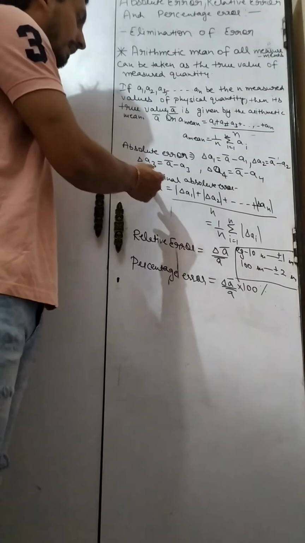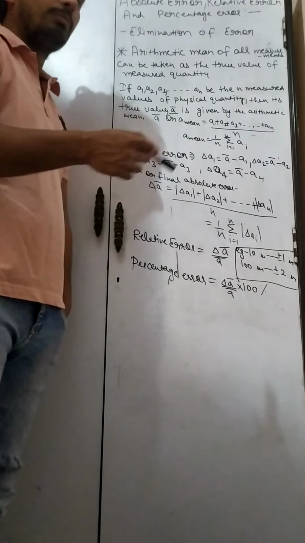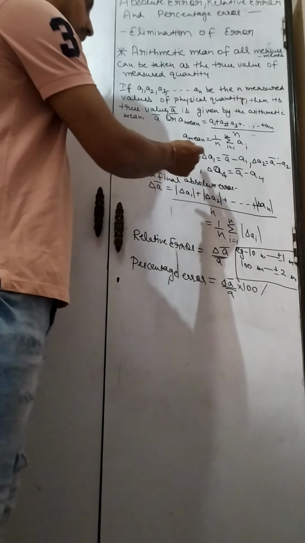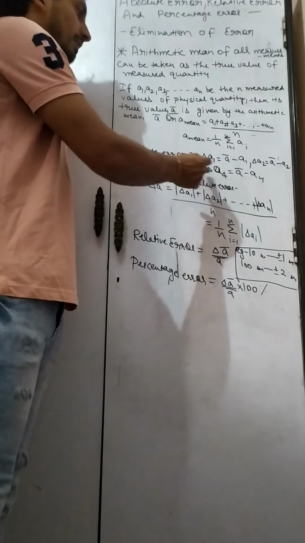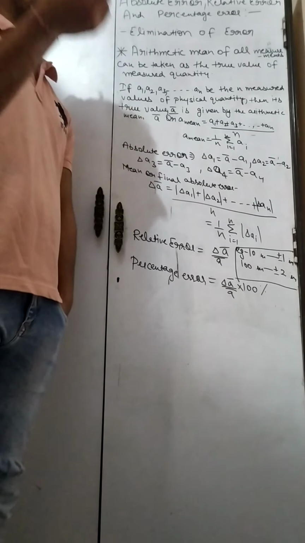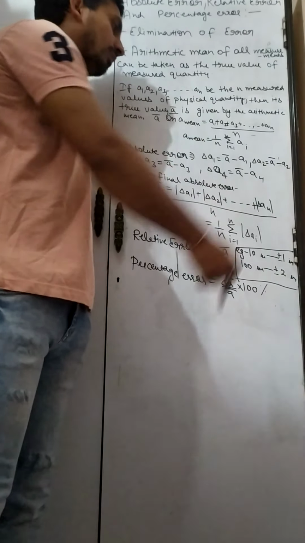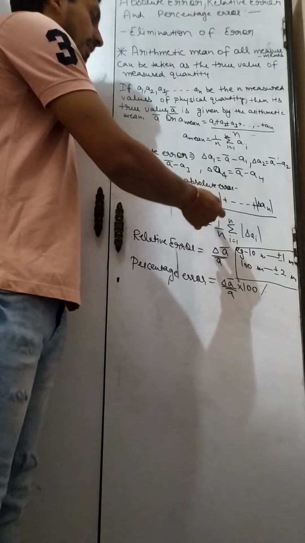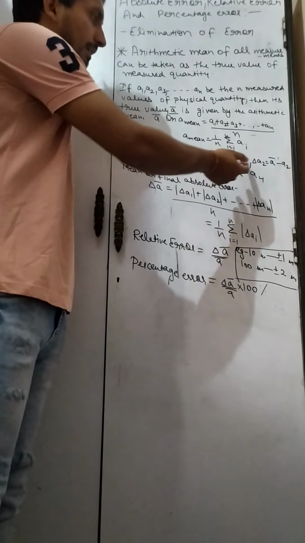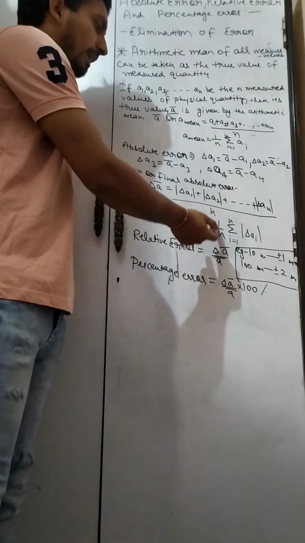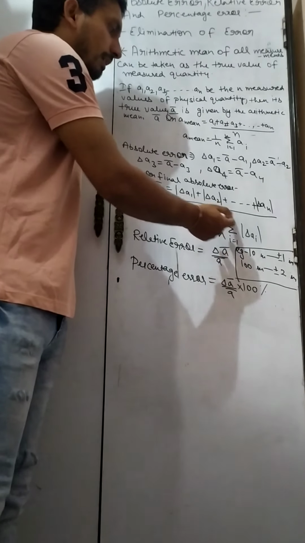After that we get the final absolute error, or mean absolute error. For that we add delta A1, delta A2, delta A3, delta A4, up to delta An, divided by the number of terms, n. It can be represented as before: 1 by n, sigma, limit from 1 to n, delta Ai.